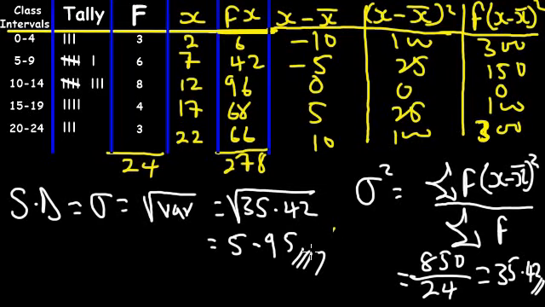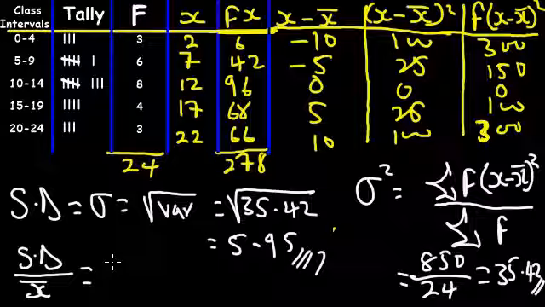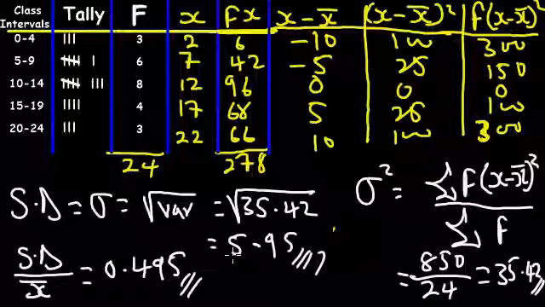Like I said at the beginning of this video, I'm going to show you how to find the coefficient of standard deviation and the coefficient of variation. Whenever you have to find the coefficient of standard deviation, you find the ratio of the standard deviation to the population x bar. So for this distribution, the coefficient of standard deviation would be 5.95 divided by the x bar, which we approximated to 12. That's 0.495. So that's the coefficient of standard deviation.